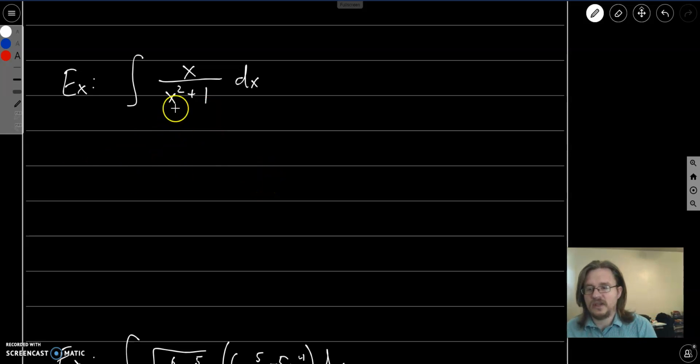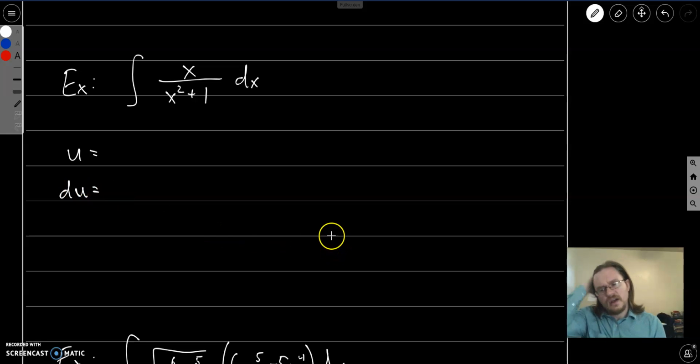So here, when I look at this, we're going to have to replace some function here with a u, and we also want to replace this differential dx with something involving a u as well.